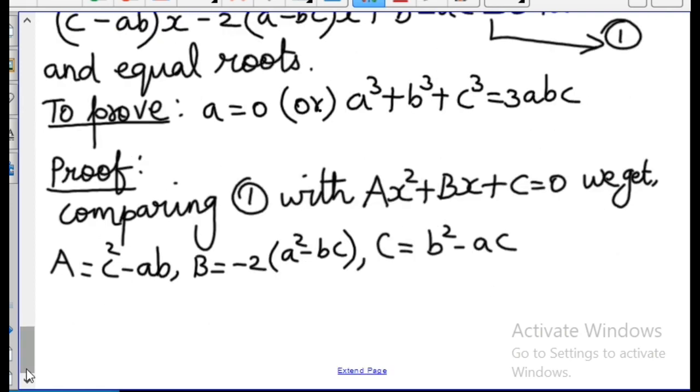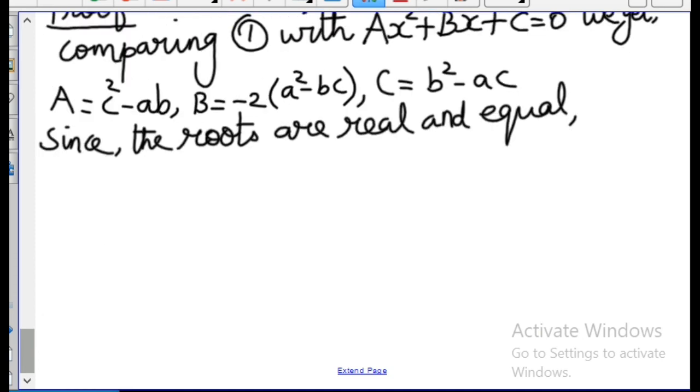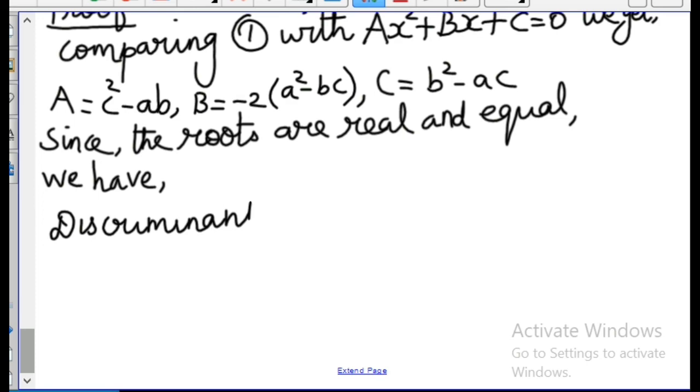So here since the roots are real and equal, we have discriminant, the symbol is delta, equal to 0.